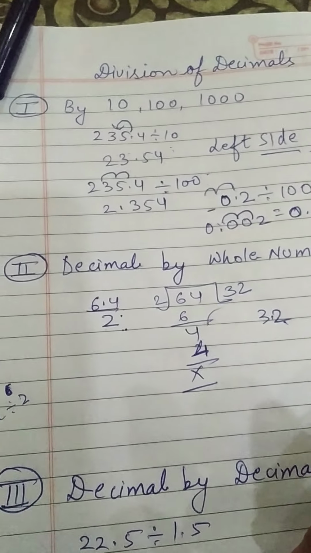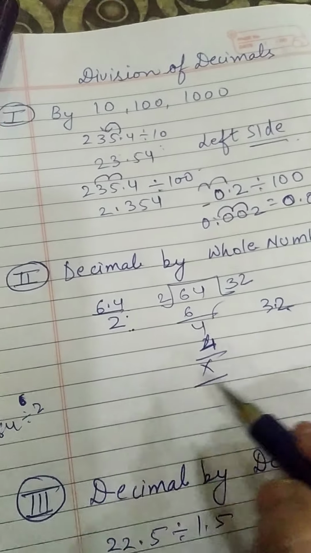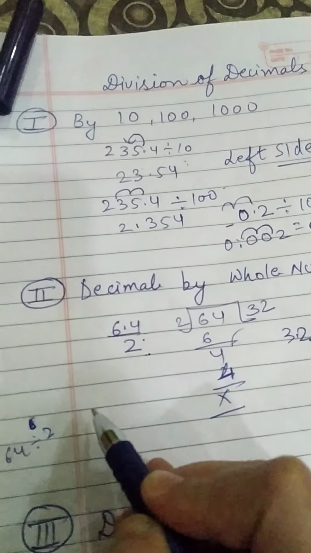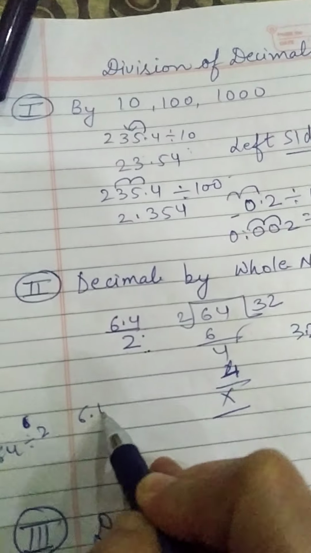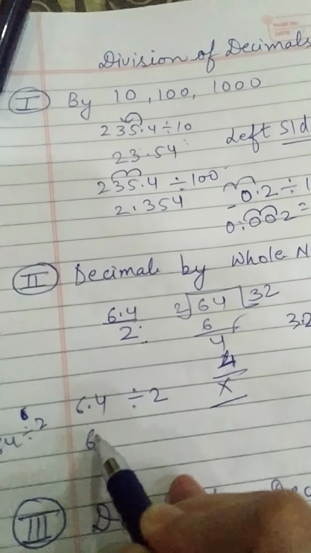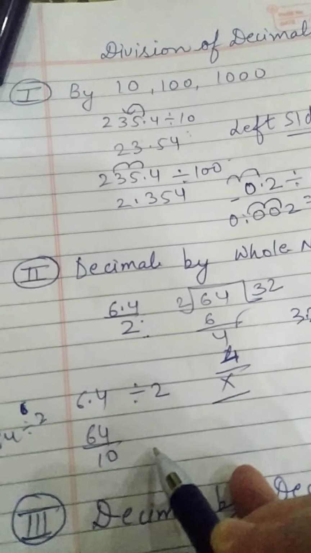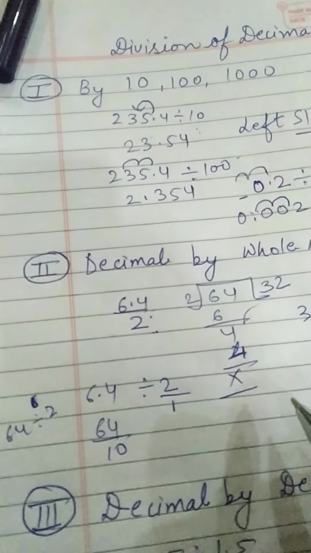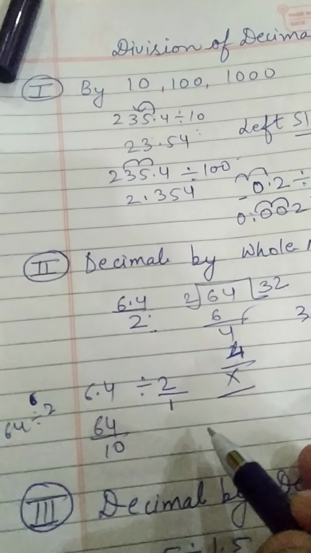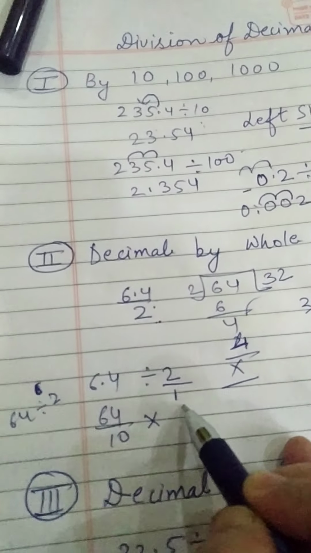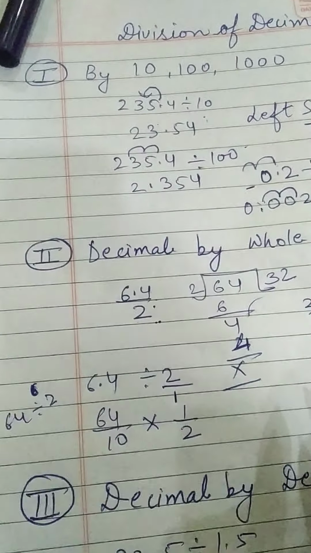Now, there is one more method in it. If we have to divide 6.4 by 2, 6.4 can be written as 64 by 10, divided by 2. 2 can be written as 2 by 1. As we have learned in fractions, division will be changed into multiplication by the reciprocal of the second term.